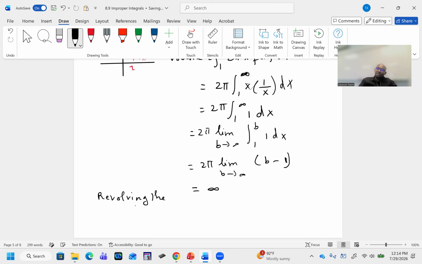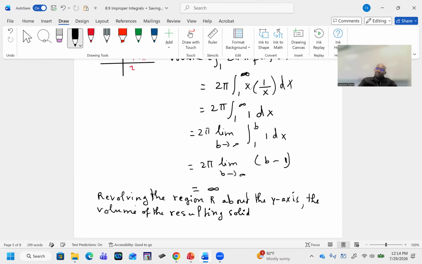Revolving the region R about the y-axis, the volume of the resulting solid is what? Infinite.